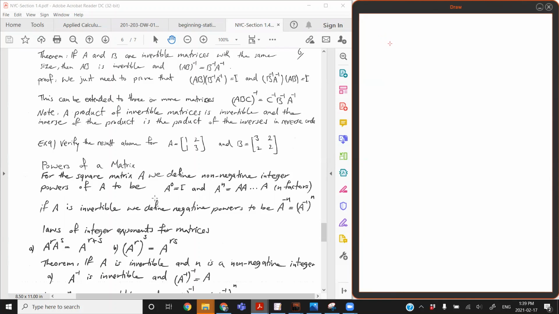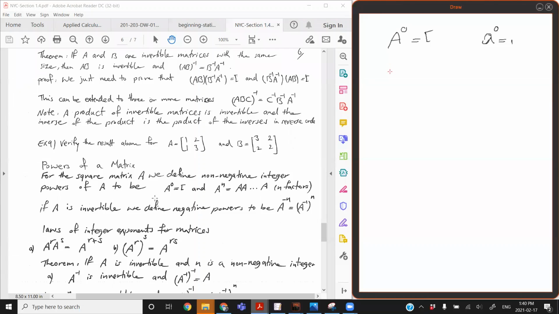A matrix A to the power of 0 is defined to be I, where I is the identity matrix, which is similar to the definition we have for the powers of real numbers. We know that any non-zero real number to the power of 0 is defined to be 1. So it's similar to that definition.